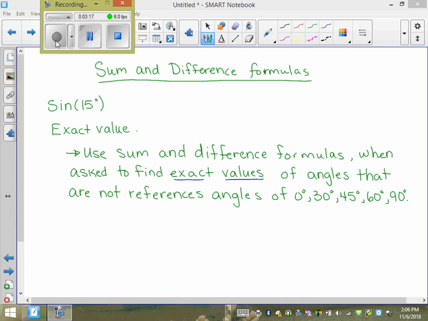So example 1. Determine the exact value. Exact value means what? Not decimals. So determine the exact value of sine 75.